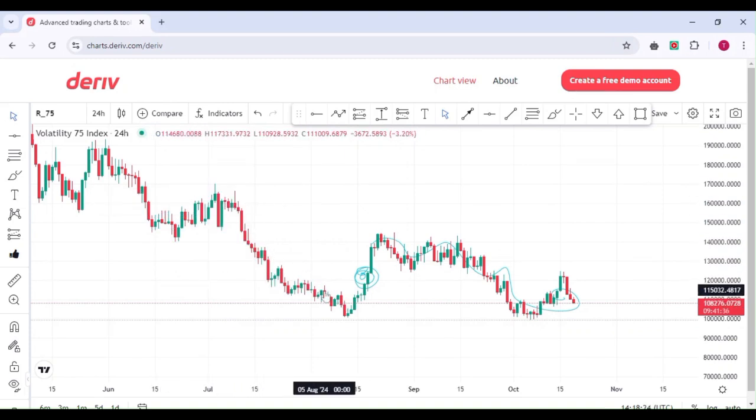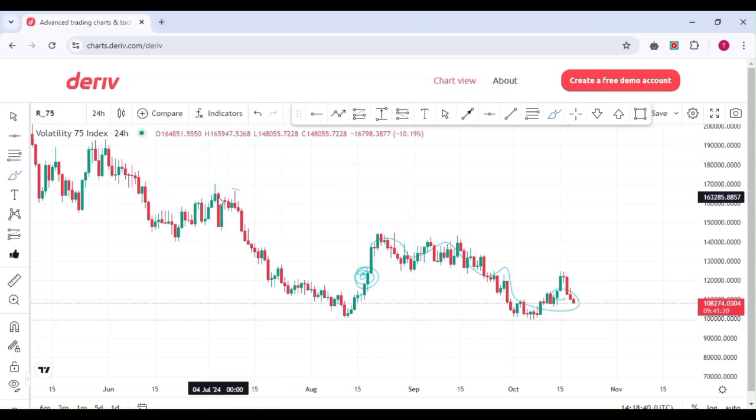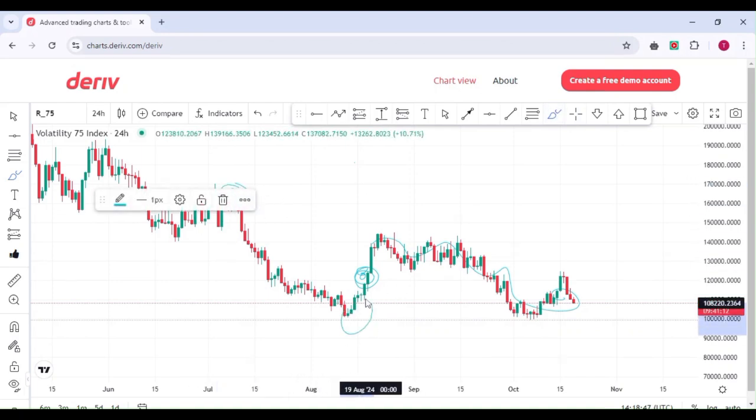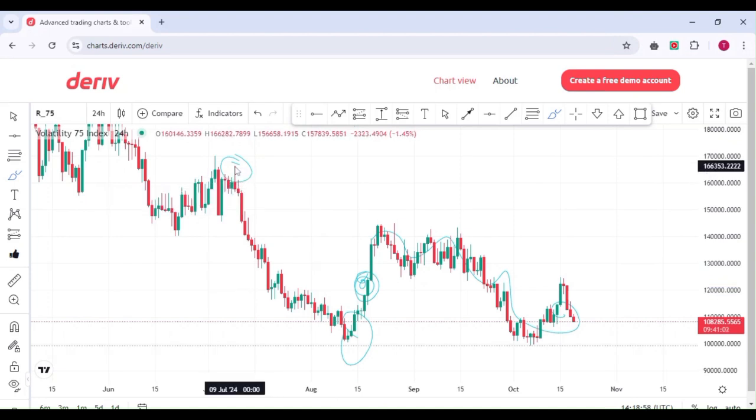Click from the highest point here. When I click the Fibonacci retracement, I will pick the highest point, which is this area, because this is the area I want to focus on. Then I pick this one as the lowest point. With that, I have marked my key zones, where I will place my Fibonacci retracement from there to this area.